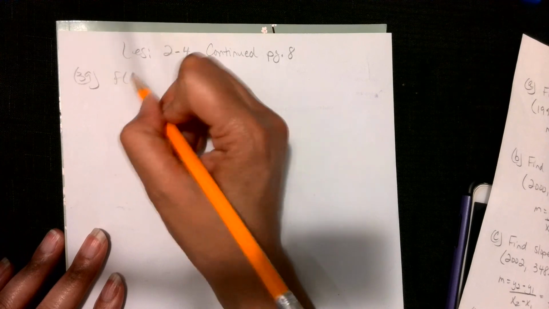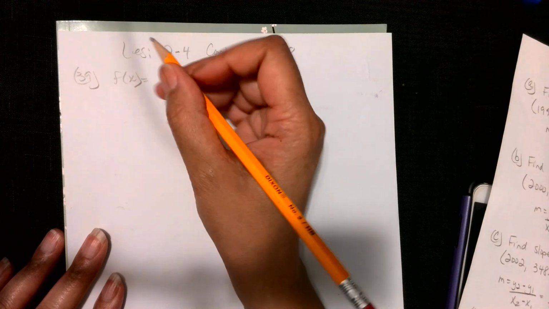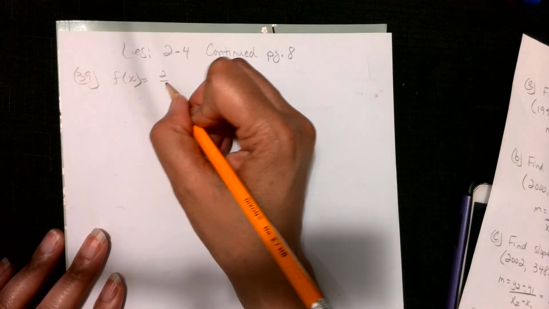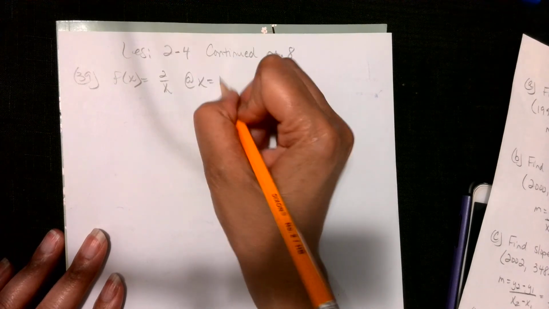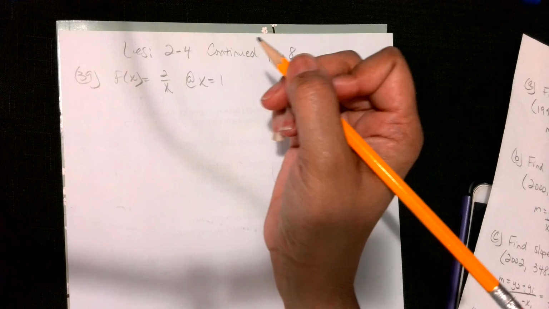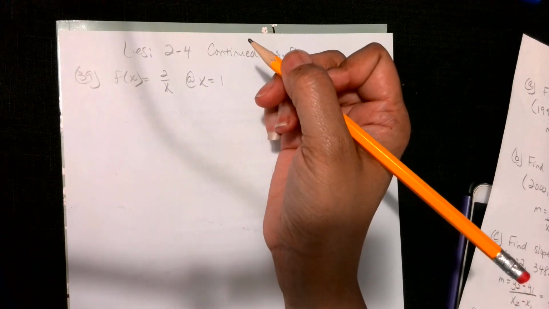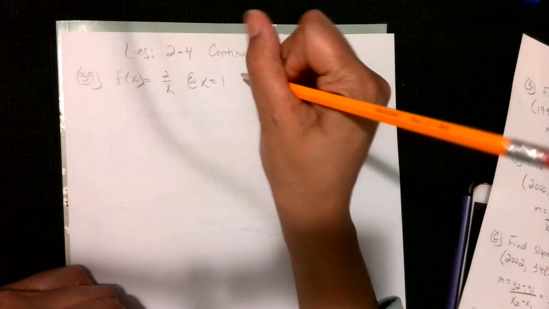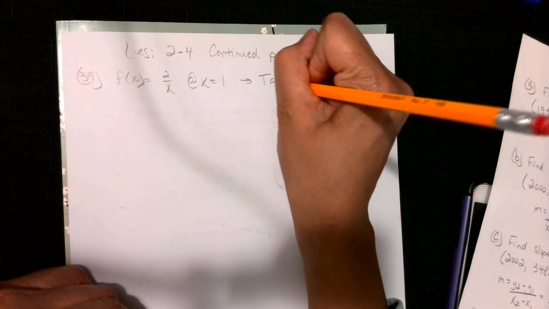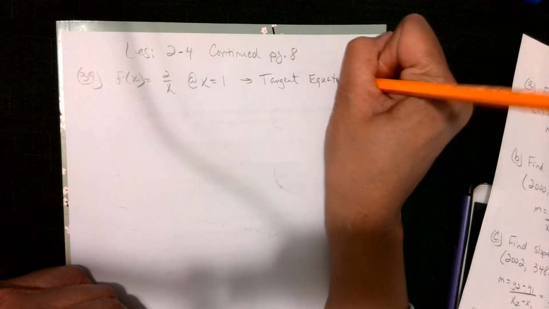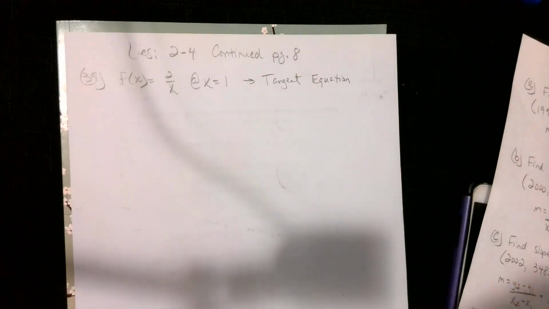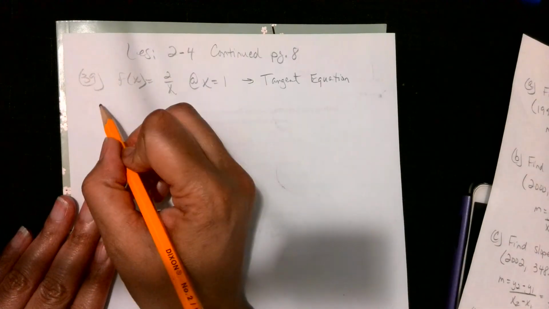we got f of x equals 2 over x at x equals 1. So it is asking, and you want the tangent equation. So this should be plenty of practice for this formula. You should be comfortable with this formula.